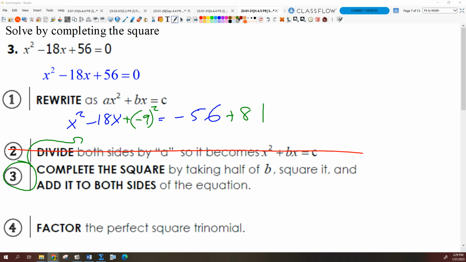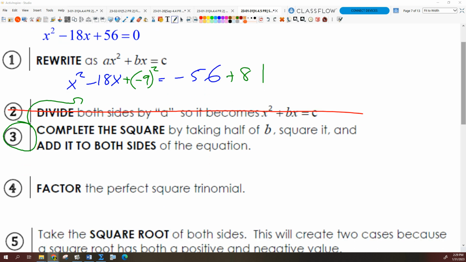Okay, why did I leave it as a negative 9 squared on the left side? Because the next step is factor, right? There you go, right? Because when I factor it, look what's going to happen. When I factor this thing, I know that we're going to get x plus something squared. What's the something?